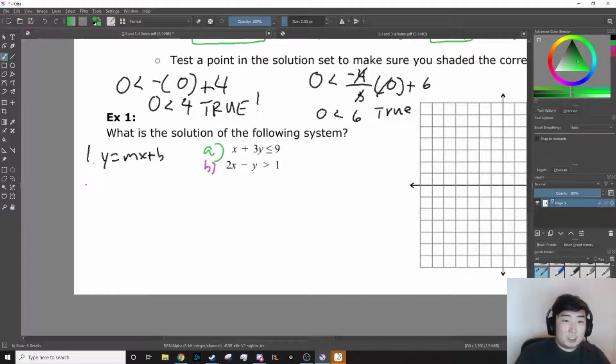So for option A, I'm going to make it 3y is less than or equal to negative x plus 9, then divided by 3 on both sides. Y is less than or equal to negative x divided by 3 plus 3.